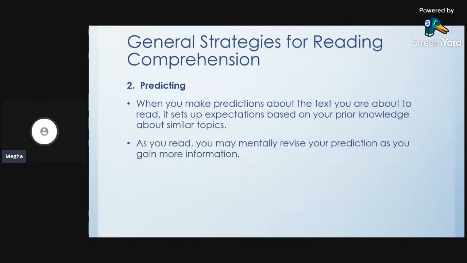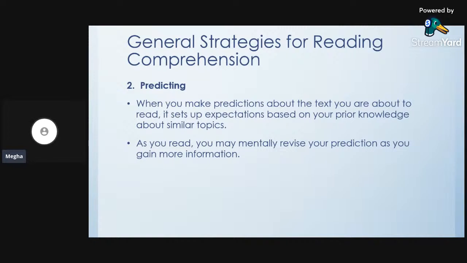So when you make predictions about the text you're about to read, it sets up expectations based on your prior knowledge about similar topics. As I said, if a given passage is about a pandemic, for example COVID, then it is easier for you.